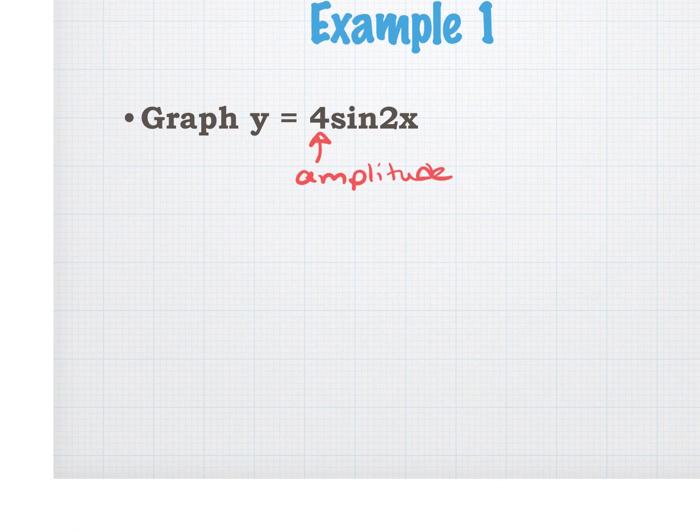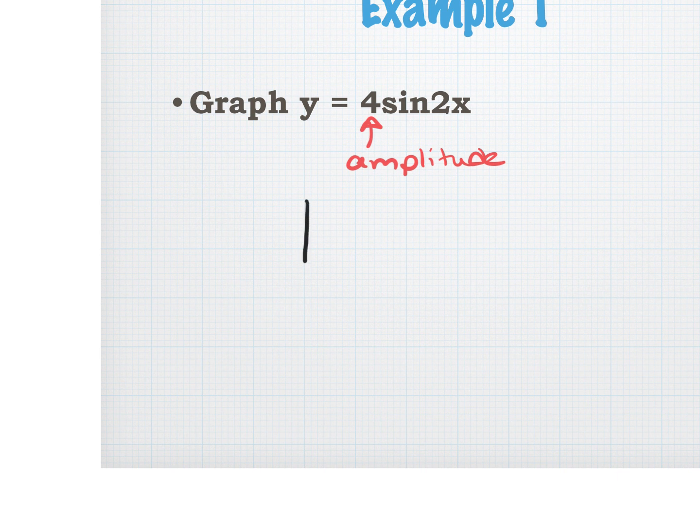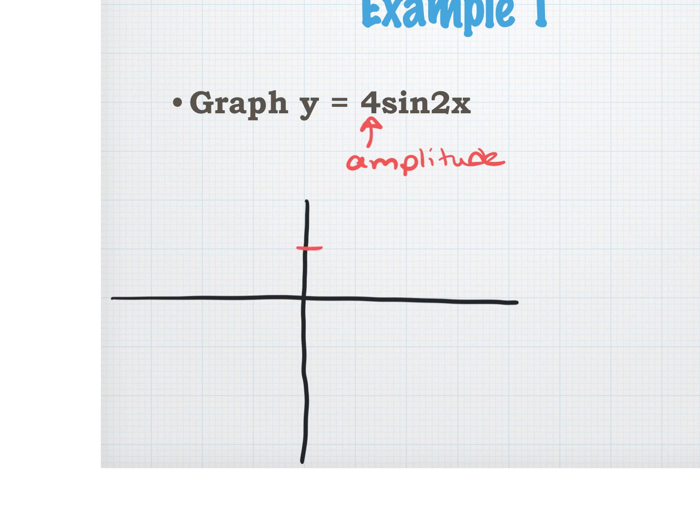So for example, let me go ahead and put my y-axis here and my x-axis. Because it's got an amplitude, I don't have to go 1, 2, 3, 4 and put all those little dashes there. I could just say this is 4 and -4. So the amplitude just gets labeled along the y-axis.